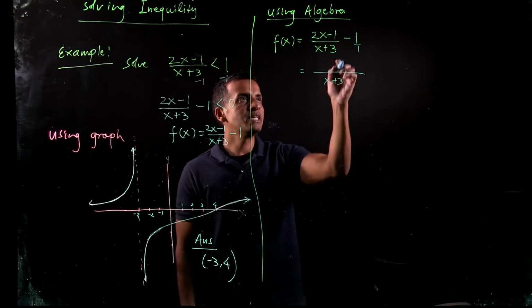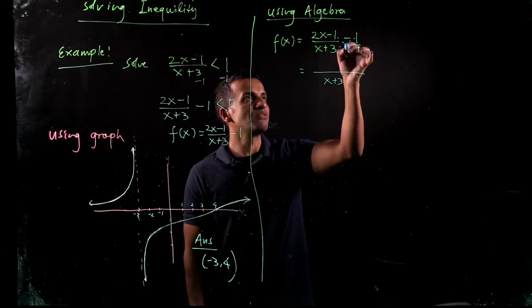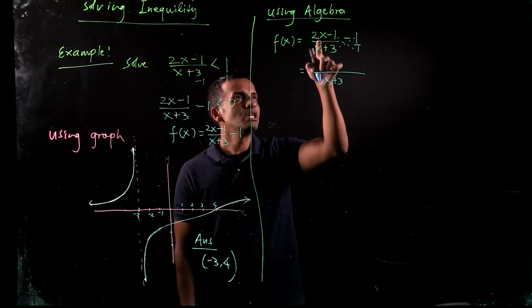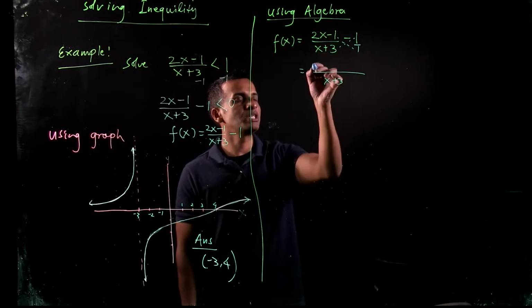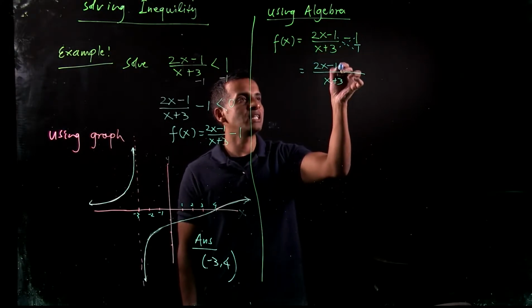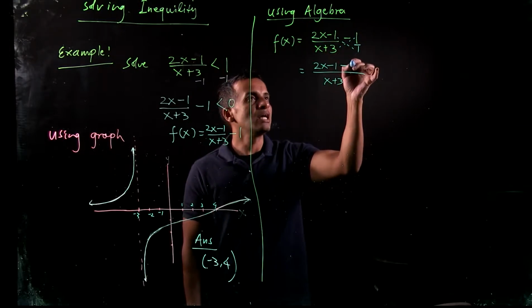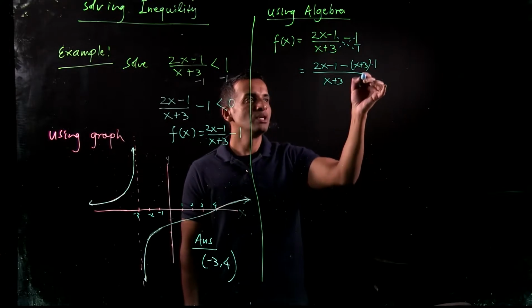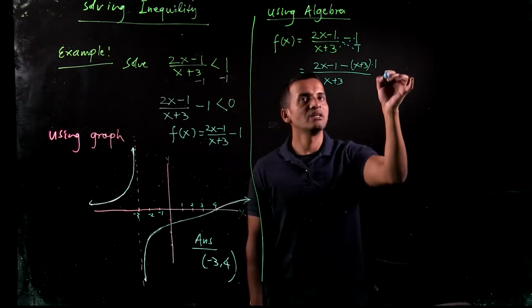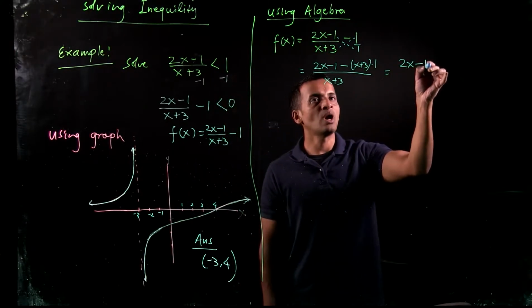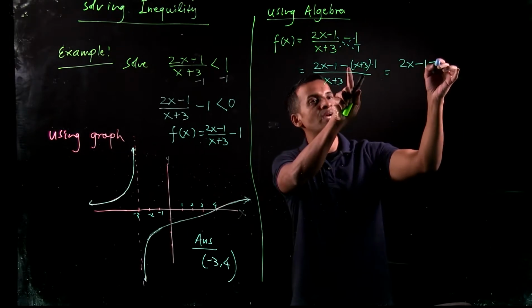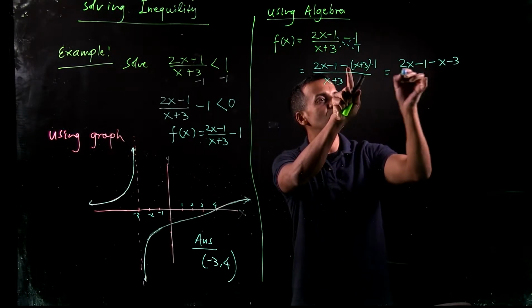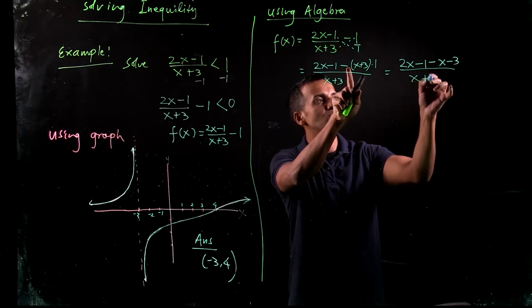Next, what you do is the cross multiplication type of thing here, right? So it will be 2x minus 1 times 1, which is 2x minus 1, and then there is a minus sign, and then write x plus 3 times 1. So what do you get? You get 2x minus 1 minus, you distribute that negative sign, negative x, negative 3, divided by x plus 3.